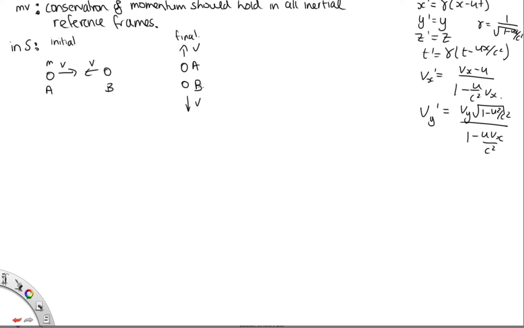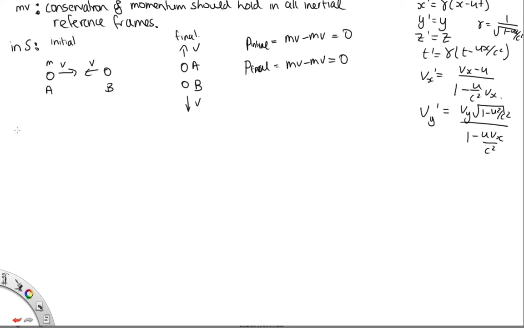Now we can see that in frame S, momentum is conserved. Initially, P initial is equal to mv minus mv, and this is a vector in the opposite direction, so that's 0. And P final is equal to mv minus mv in opposite directions, so this once again is equal to 0. These two are equal to the same thing.